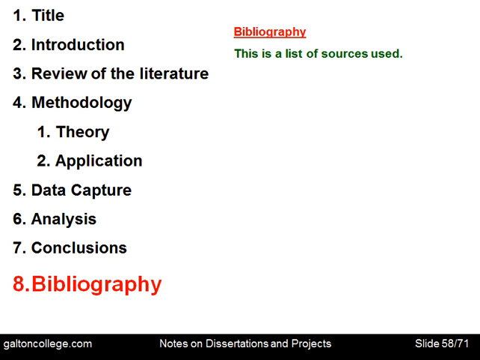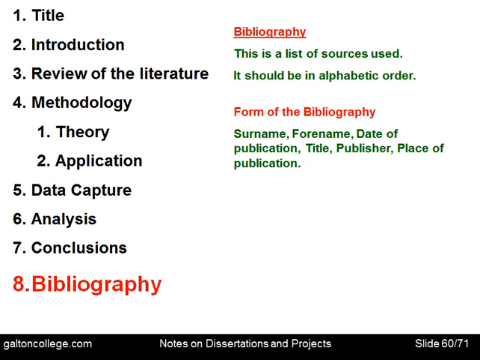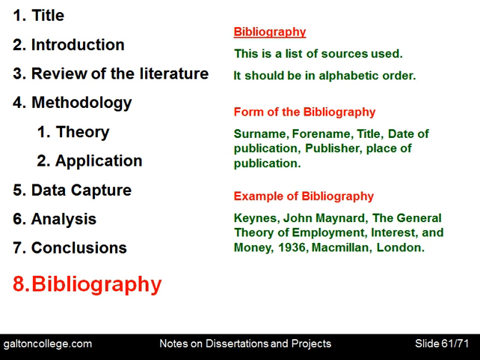There's also a bibliography, which is a list of sources used, and it should be in alphabetic order. Try to make it easy for the reader. It should be in alphabetic order: surname, forename, date of publication, title, publisher, place of publication. For example, Keynes, and the forenames would be John Maynard.